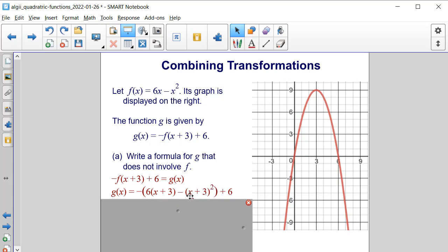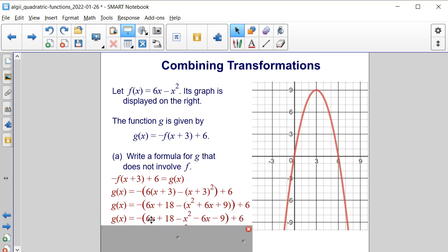Now we can use the distributive property and square (x plus 3) to get x squared plus 6x plus 9. And then we can distribute this negative through to get 6x plus 18 minus (x squared plus 6x plus 9). And then we have a plus 6 outside.